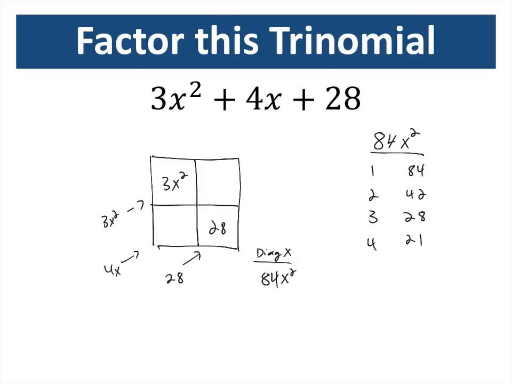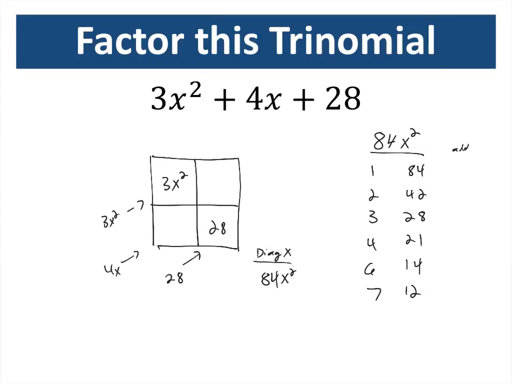84 can't be divided by 5. Let's try 6. 6 and 14. 84 divided by 7, I don't think that's going to work. Oh, yeah, 7 and 12. 84 divided by 8 doesn't work. 84 divided by 9 doesn't work. 84 divided by 10, nope, that doesn't work. Okay, we're out of options. So let's see.